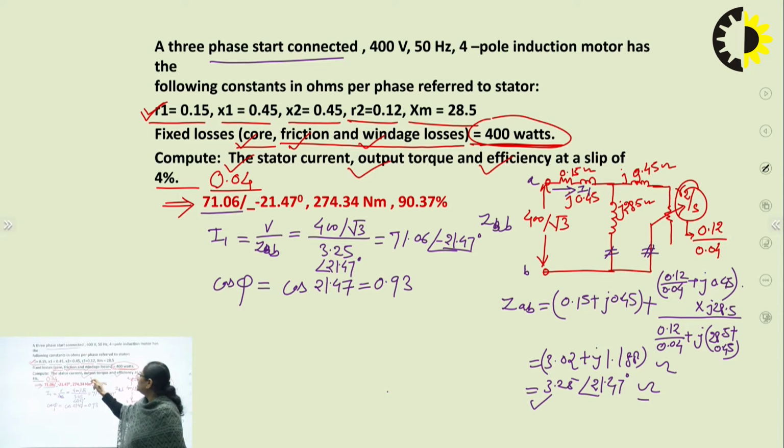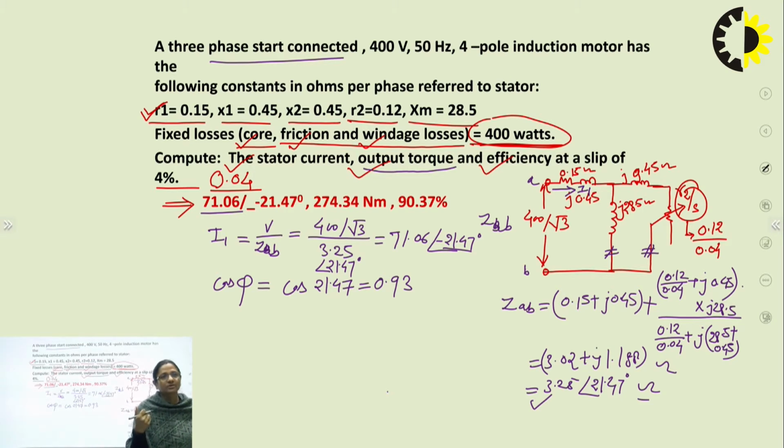Now we need to proceed for determination of the output torque. Okay, what is the output torque? The output torque can be determined as the output power available at the shaft, that is the shaft power output, divided by the speed of the rotor, right? The operating speed of the rotor in radians per second, that is omega r.